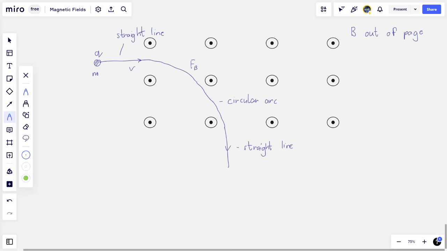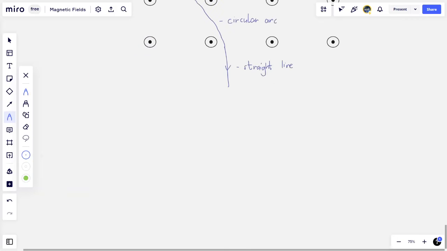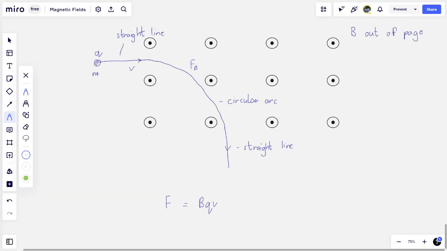But as long as it stays in the field, the magnetic force on it is BQV. Theta is 90 degrees because the velocity and the field are always at 90 degrees to each other, since the field is pointing out of the page and the velocity is along the plane of the page.